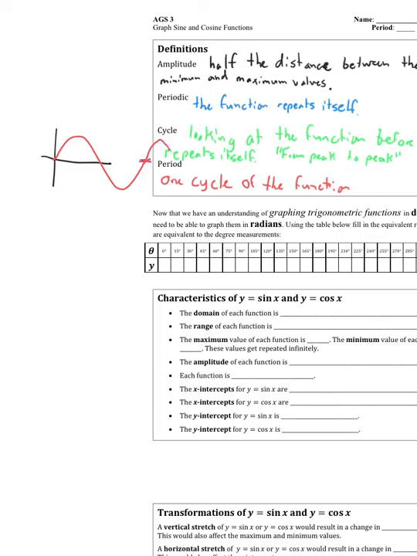So right here, this box, when it starts over again, that's one period of the function, or one cycle. So our goal today is we're going to try and sketch one period of the function.